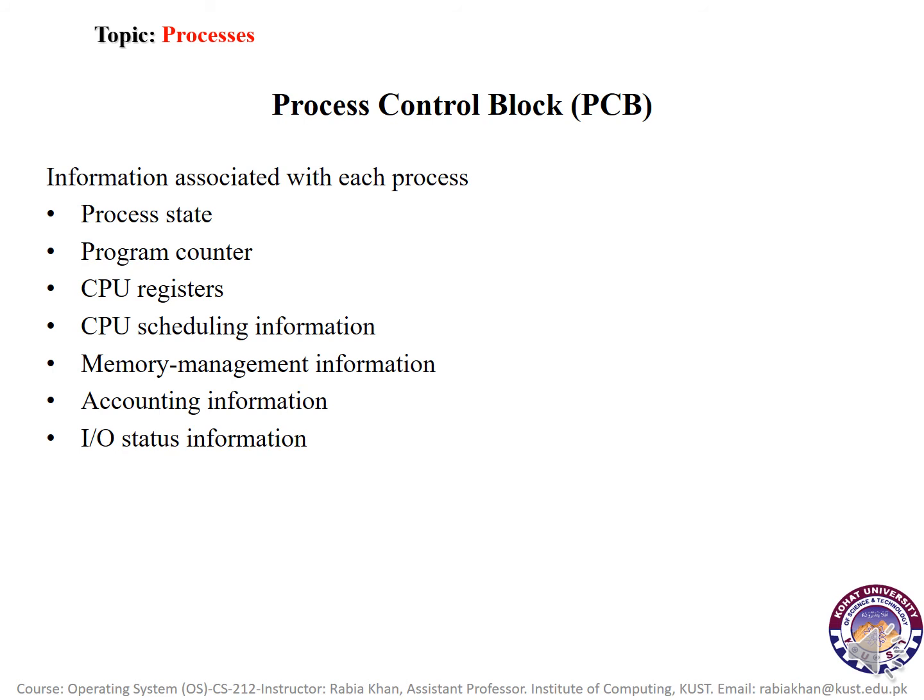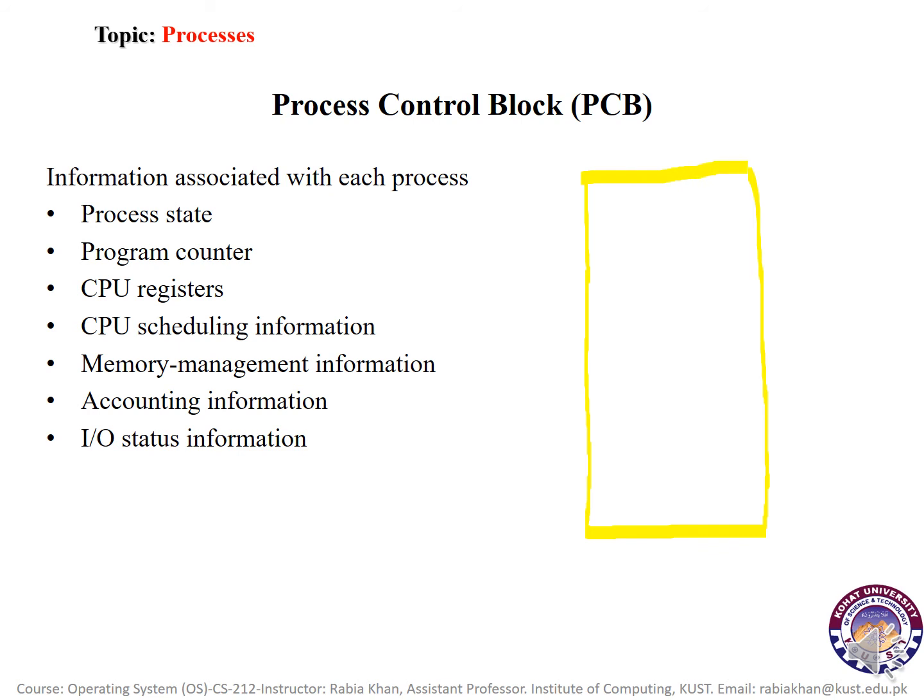A process's controlling information is stored in this block. So PCB is created for every individual process. Keep in mind, it is stored when a process is loaded in RAM. So wherever place it occupies in RAM, its PCB is loaded along with it. Now, for example, this is your RAM.